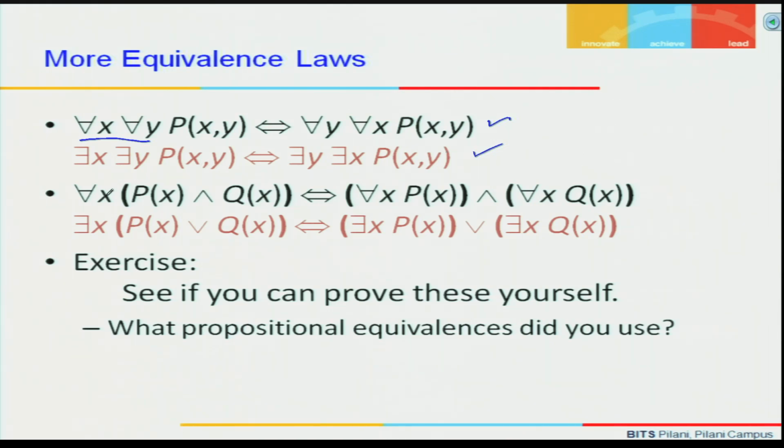And here this is a little interesting. For all x Px and Qx is equivalent to for all x Px and for all x Qx. Similarly, there exists x Px or Qx is equivalent to there exists x Px or there exists x Qx. In fact, you can prove it in a similar way to the last one. It's simple. One should practice it. Here only practice works.